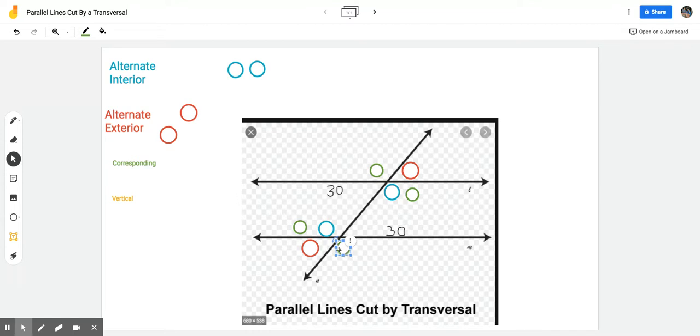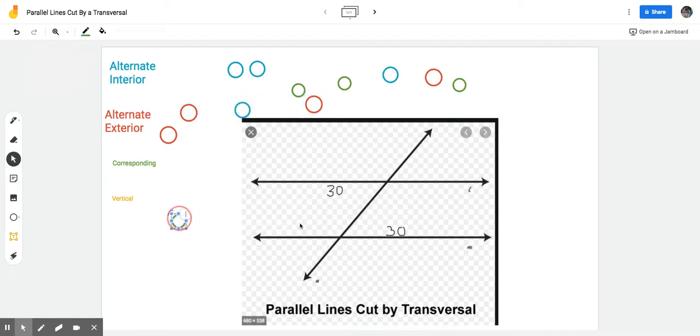And then vertical angles, and I'm just going to take these little circles off so I can show vertical angles are something that you see a lot of, and it can actually justify a lot of congruent angles. And I'm actually going to go here and kind of use this. So this right here, if I'm looking at this angle, the vertical angle to it is right here.